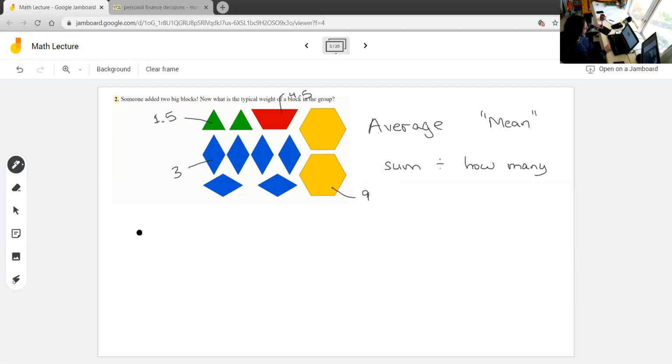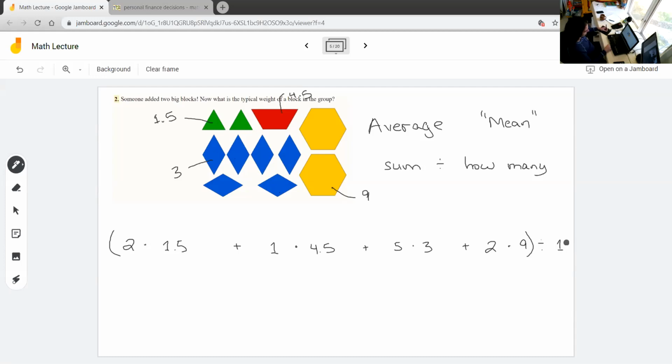Okay, so we have 2 of the 1.5s and 1 of the 4.5s and 1, 2, 3, 4, 5 of the 3s and 2 of the 9s, and we're going to add all of that up, and then at the end divide by 1, 2, 3, 4, 5, 6, 7, 8, 9, 10, 11, and whatever that is.